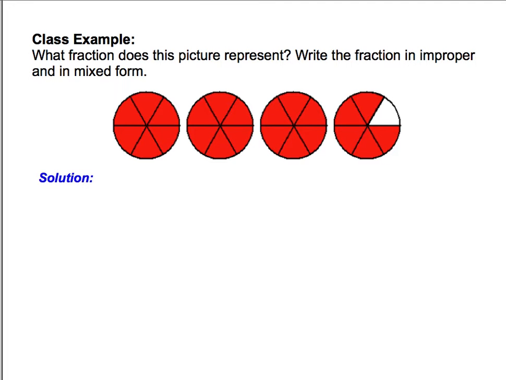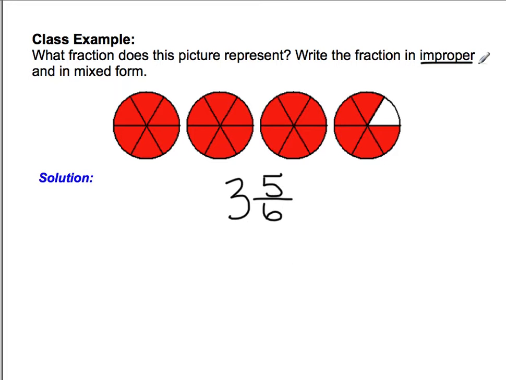So what fraction does this represent? Well, let's start with mixed. So we have 3 whole pizzas, and we have a pizza that's divided into 6, and 5 are shaded. So 3 and 5/6.